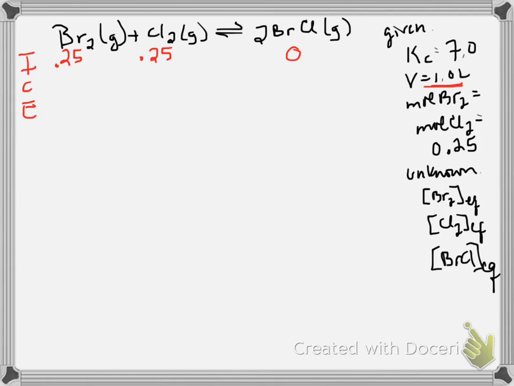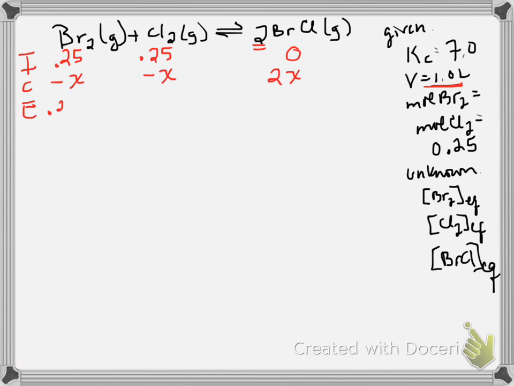Since I don't have any product, hopefully you can say that the system is going to shift to the products to attain or achieve equilibrium. When it does that, I'm going to react the same number of moles of bromine and chlorine, and I'm going to make twice as many moles of the bromide chloride. Remember that those relationships come from the stoichiometry of the equation.